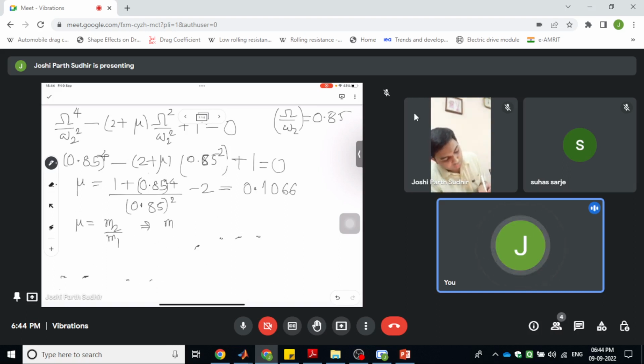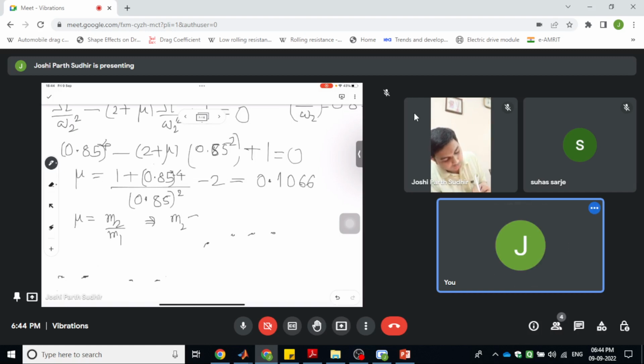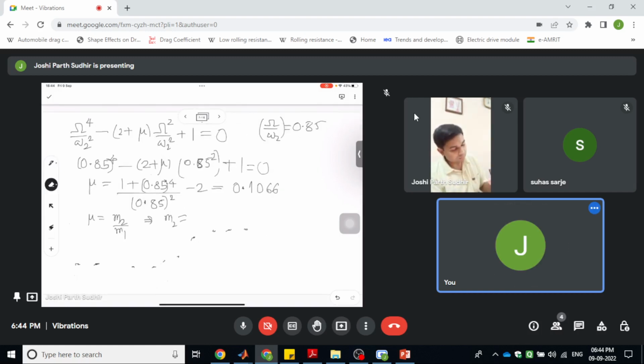So m2 will be mu into the mass m1. The mass m1 is basically 40 kg, so it will come to be about 4.263 kg.